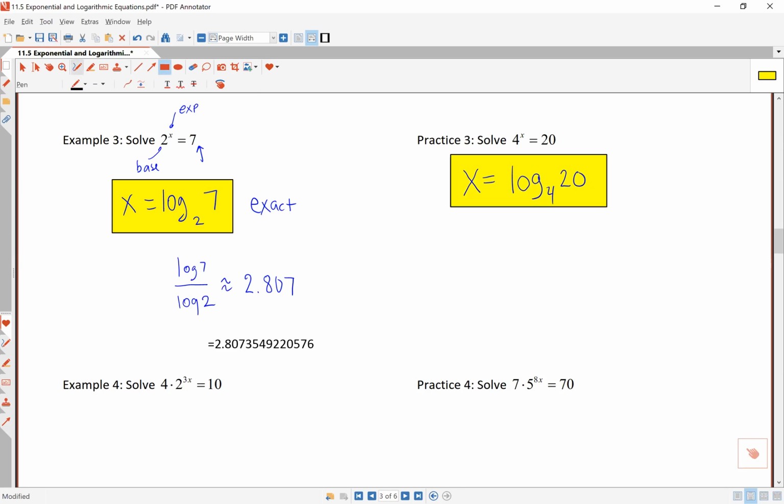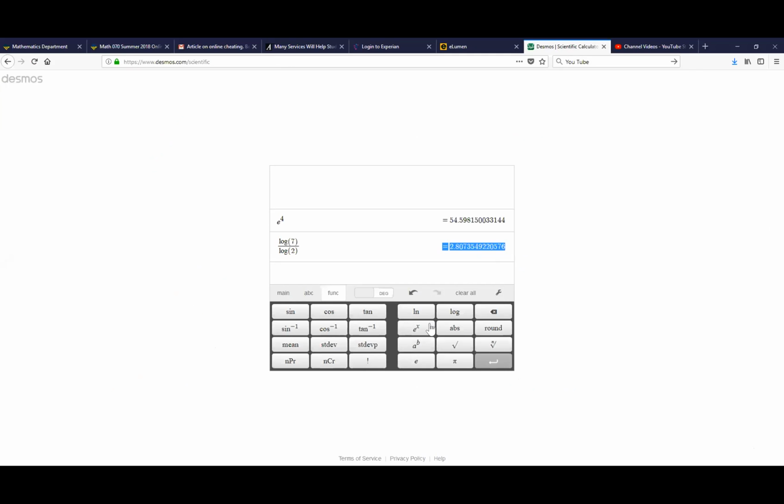If we want to approximate that, we can do the log of 20 divided by the log of 4, and that will get us 2.161.